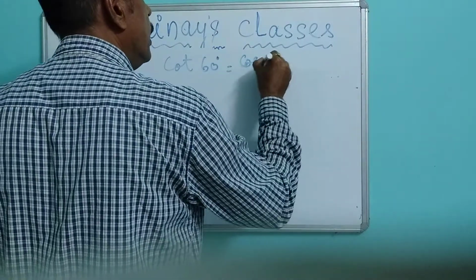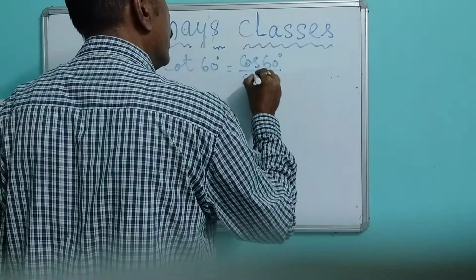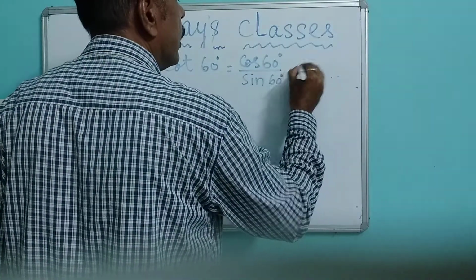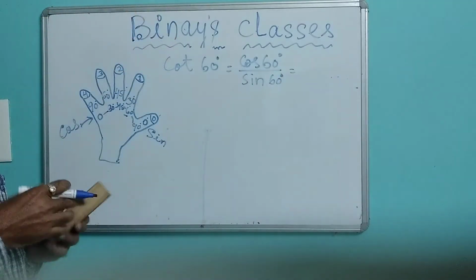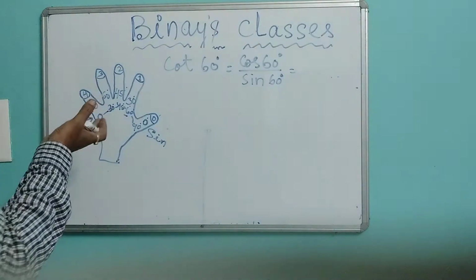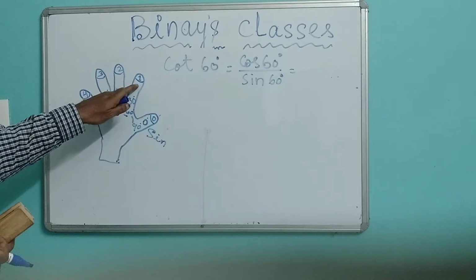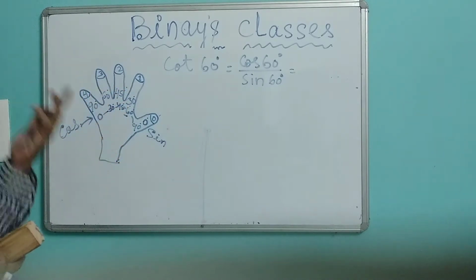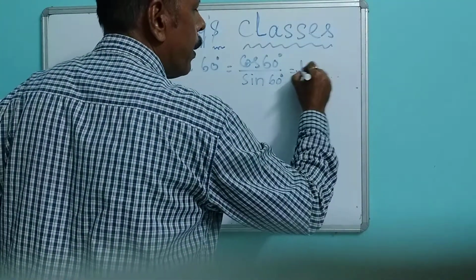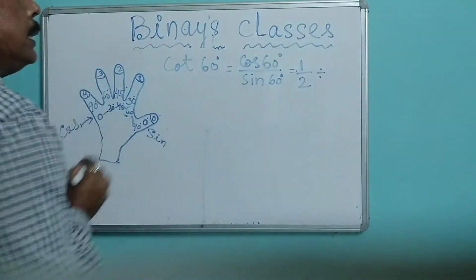Cot 60 is cos 60 by sin 60. Cos 60 you have already calculated, or you may go to the finger method. Cos 60 is here, finger number 1, so 1 by 4 root over, that is 1 by 2, divided by sin 60.